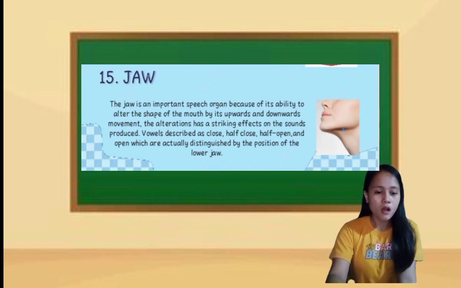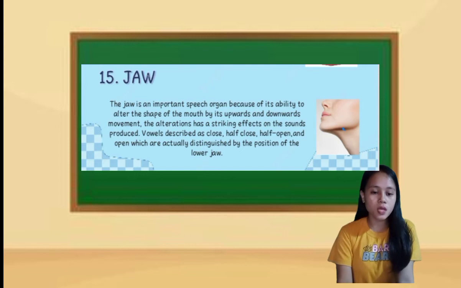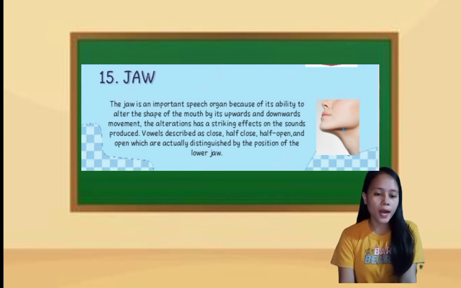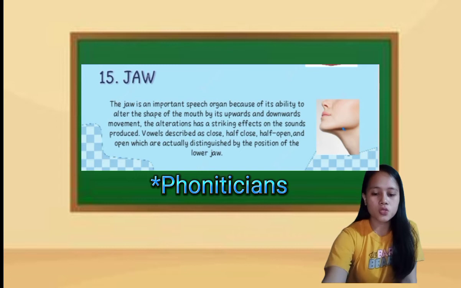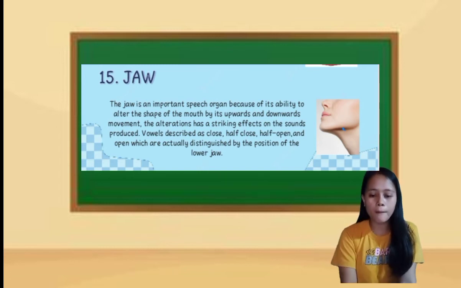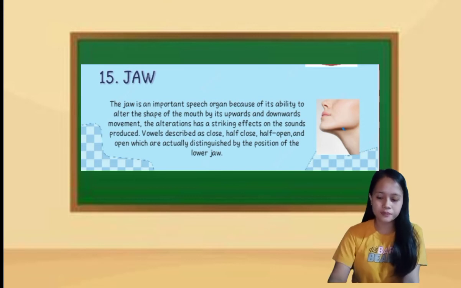Then, vowels are described as close, half open, and open, which are actually distinguished by the position of the lower jaw. So, some phoneticians consider the jaw an articulator since we move the lower jaw a lot of the time while speaking.